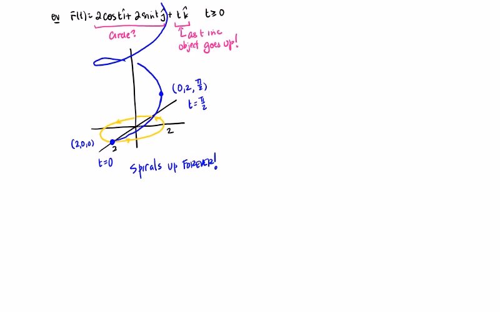And because t is increasing, for example back here, where it's done a full circle, when t equals 2 pi, it is at 2, 0 again, but now it is up at 2 pi. It is 6.28 units approximately above where it started, because it's done a complete circle in the ij direction, but it has raised up in the k direction.